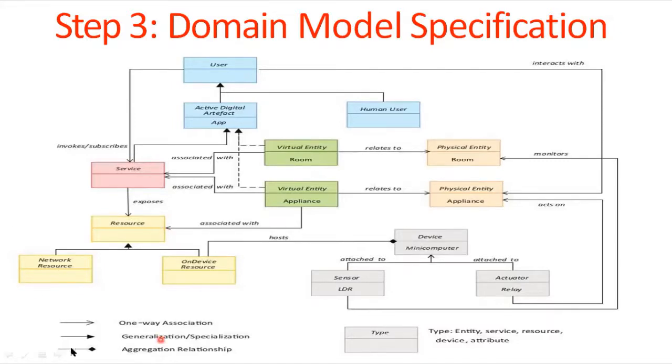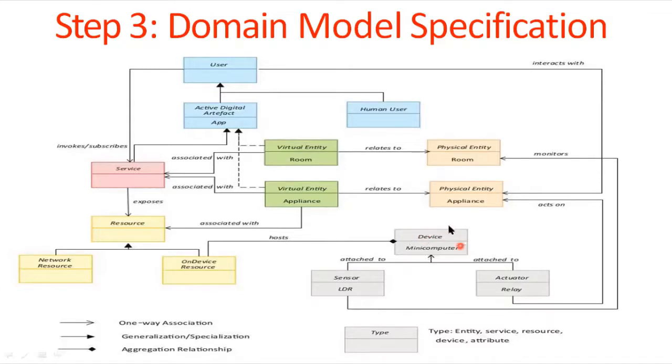That means there is a generalization concept, a general parent-to-child relationship. This is an on-device resource. This on-device resource is hosted on a device. That means aggregation, a part-to-whole relationship. The part-to-whole relationship we call aggregation.